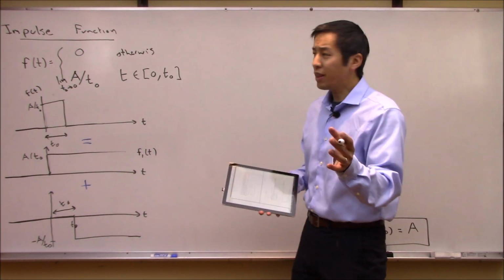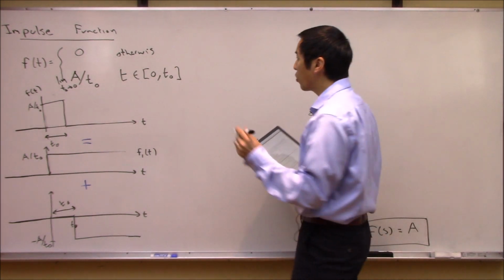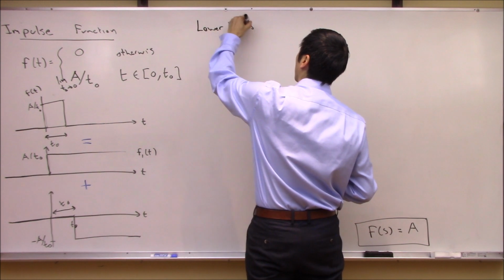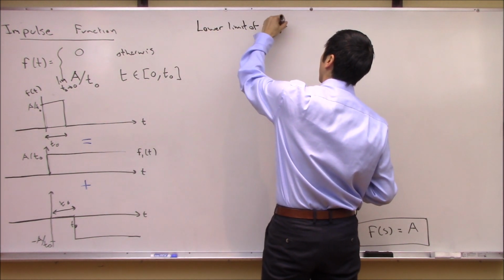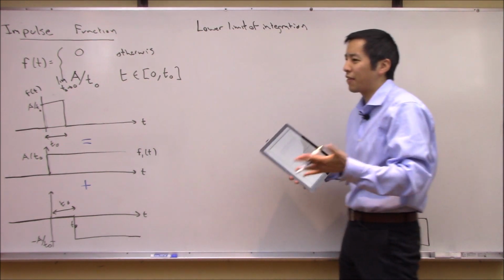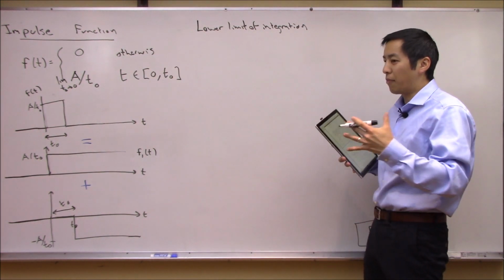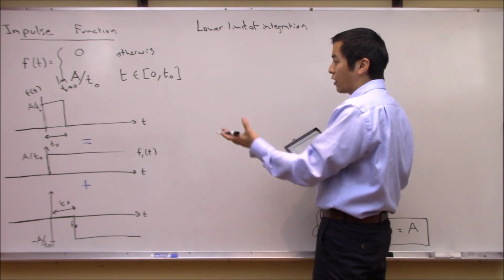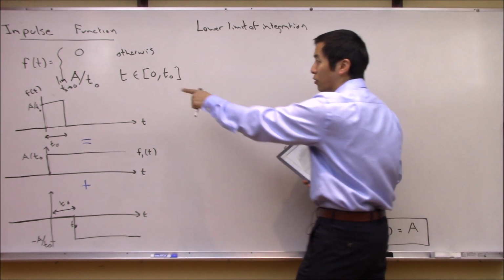So actually, before we leave this discussion on the impulse, I wanted to make a quick comment on the lower limit of integration. Although we just discussed that this impulse is kind of a mathematical fantasy, sometimes they are useful. Sometimes you'll have a function f of t which actually has an impulse at time 0.